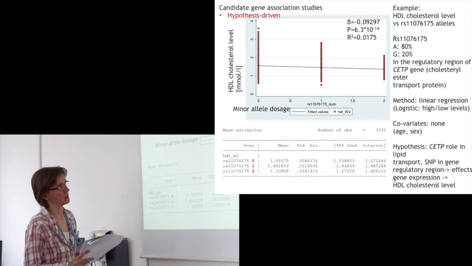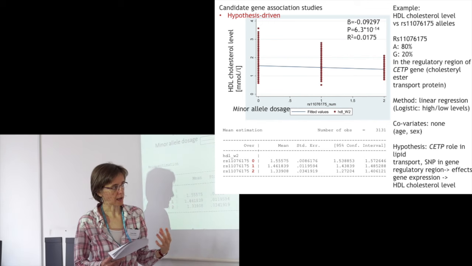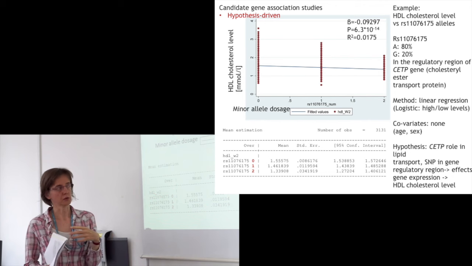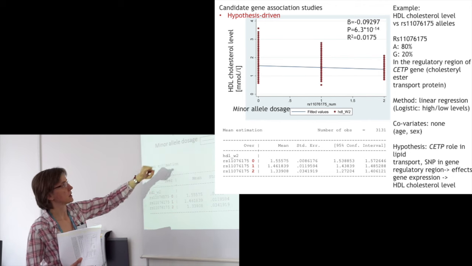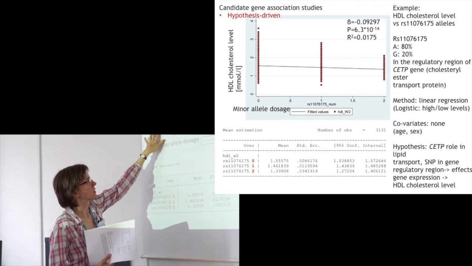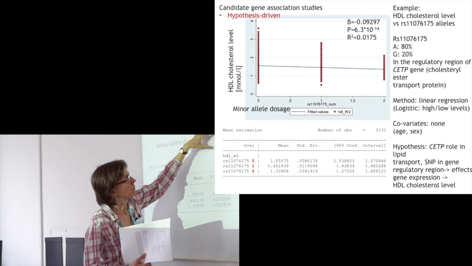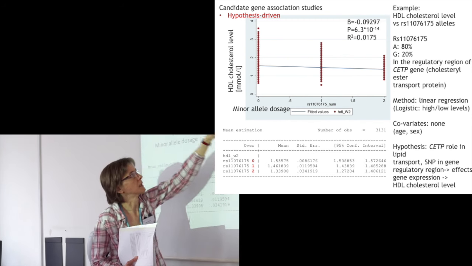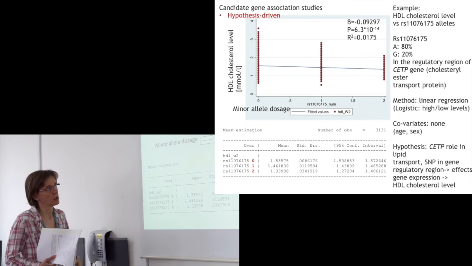So the hypothesis here is that because this is in a regulatory region, it might somehow disturb the gene's expression. Therefore, it can be measured in the blood cholesterol level. And indeed, this appears to be the case, because if I regress the minor allele dosage against the cholesterol level, it appears that people having a higher dosage of the minor allele are associated with a decreased level of cholesterol.